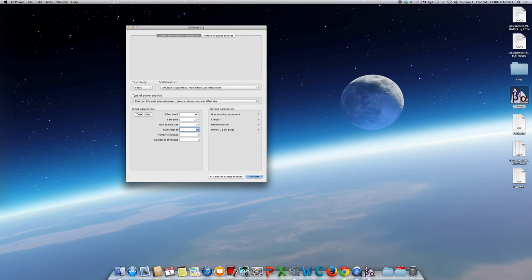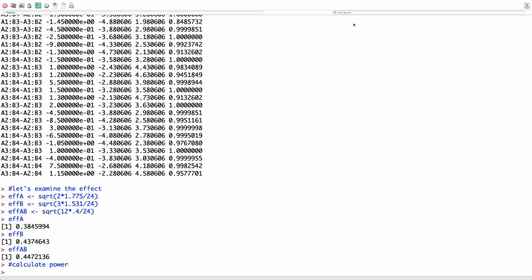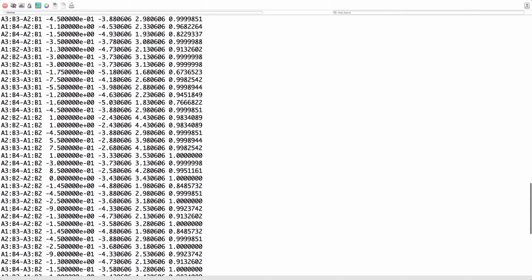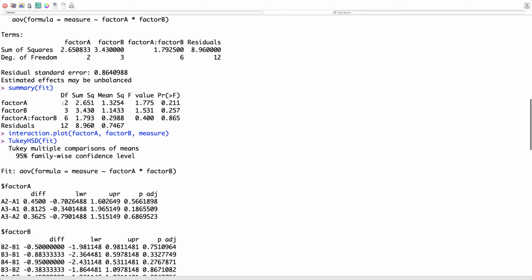Okay, so the degrees of freedom for the total is going to be the sum of the degrees of freedom.